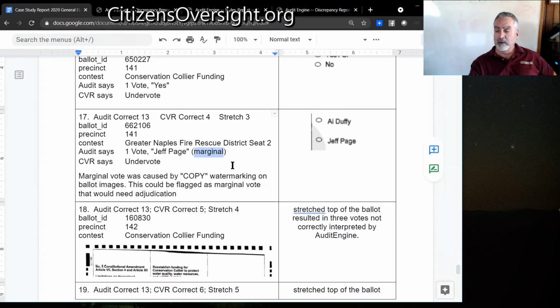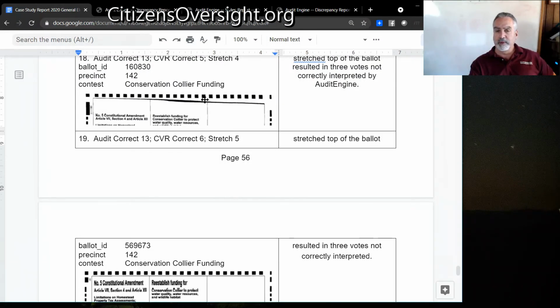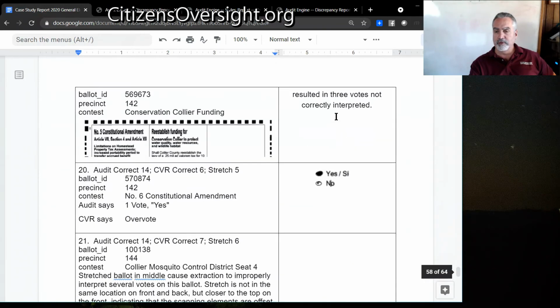So we did get it wrong, but it would be put in the marginal set, and therefore, if we got down to looking at every single ballot, it was super close, and we definitely would pull this one up. Stretch top, that would be pulled up for further review if everything was close.